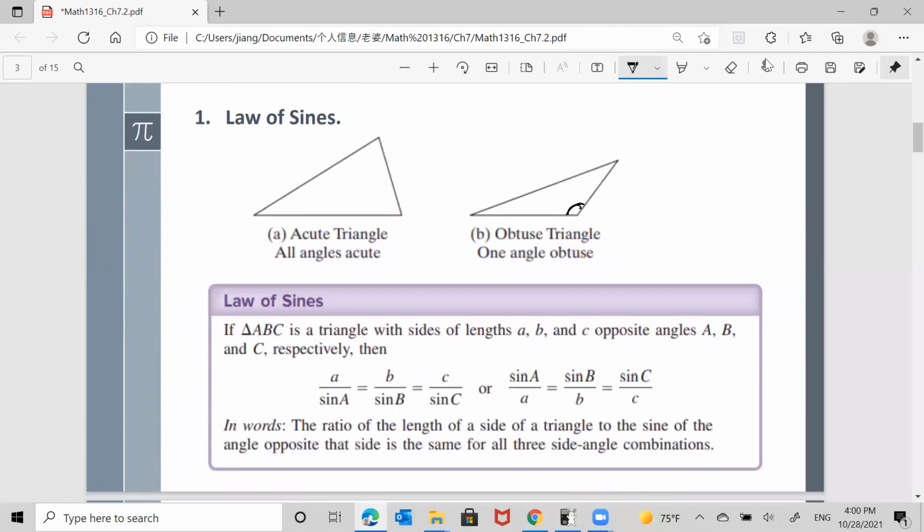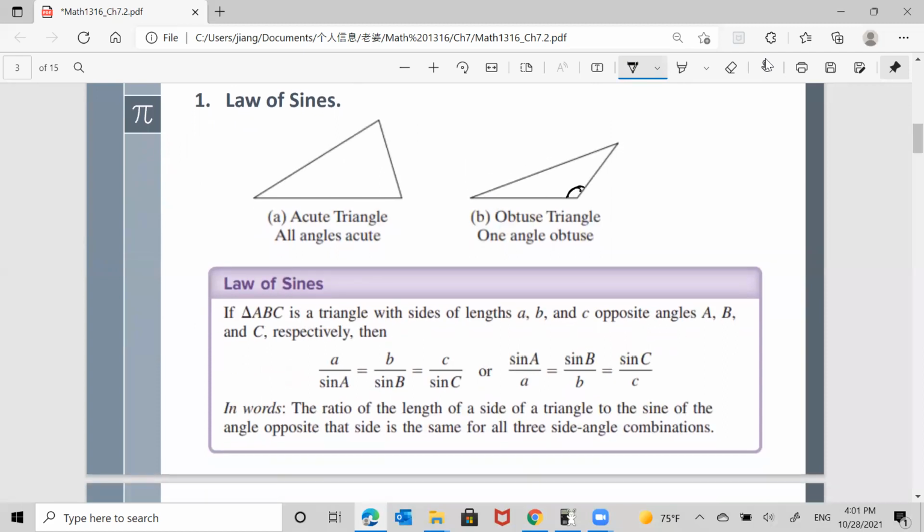Let's see the law of sines. The law of sines gives you the relationship between the lengths of the sides a, b, c, and the angles, sine A, sine B, sine C. Angle A is opposite of side a, angle B is opposite of side b, and angle C is opposite of side c.